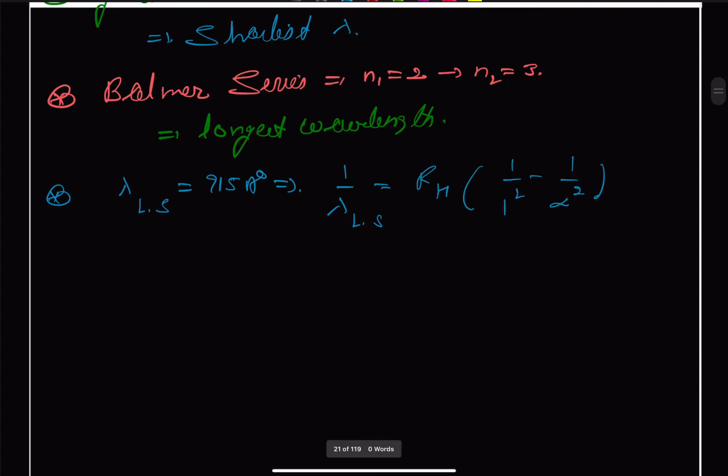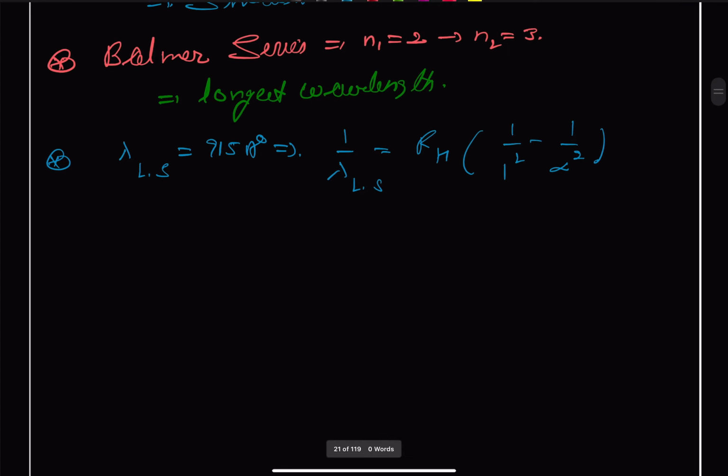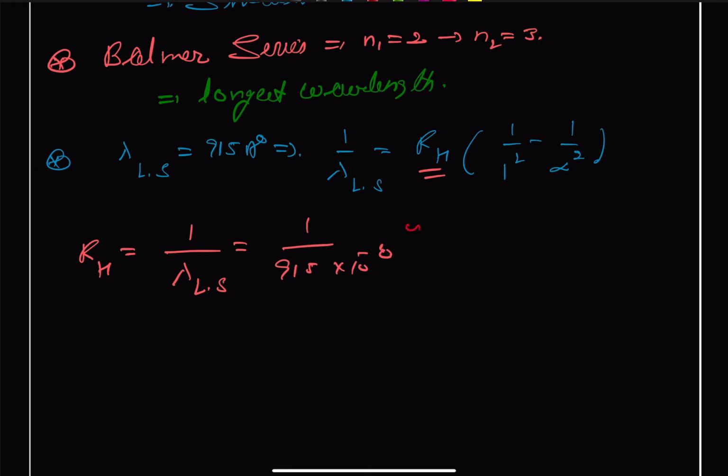And from here we can find the value of RH, and we can say RH will be equal to 1 upon lambda LS, and this comes as 1 upon 915 into 10 to the power minus 8. This comes as approximately equal to 1.093 into 10 to the power 7 per centimeter.